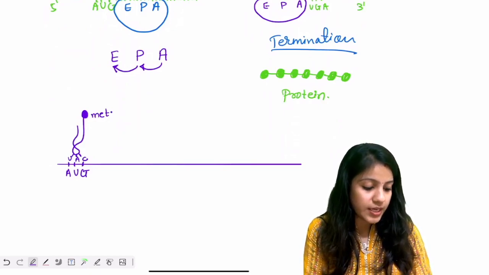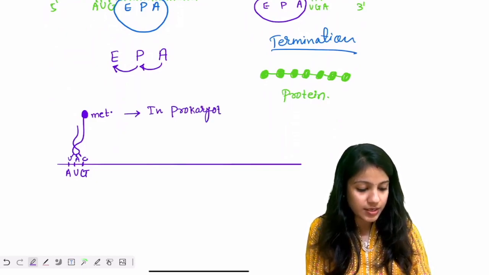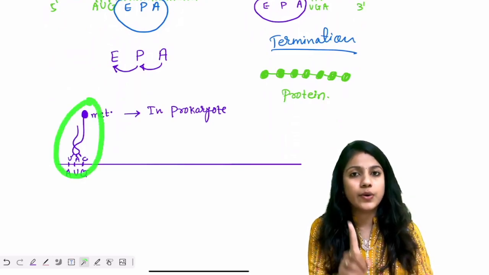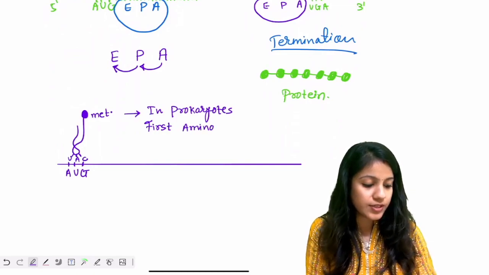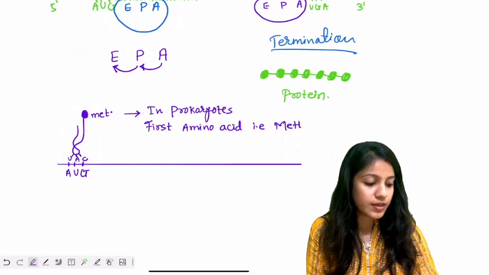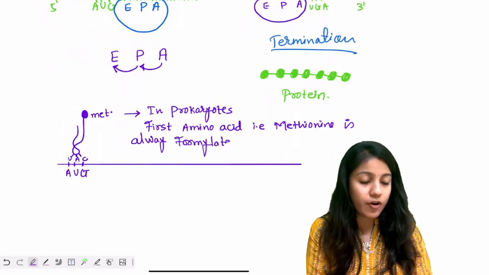So in case of prokaryotes, I'm talking about this first tRNA, always, right? In case of prokaryotes, the first amino acid, that is methionine, is always formylated in nature. What do you mean by formylated?